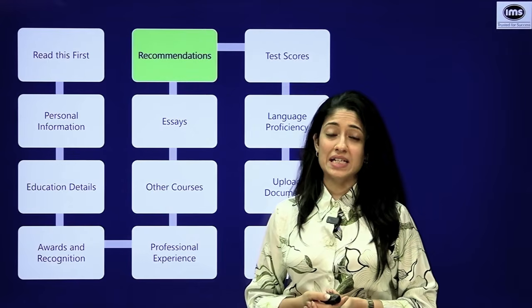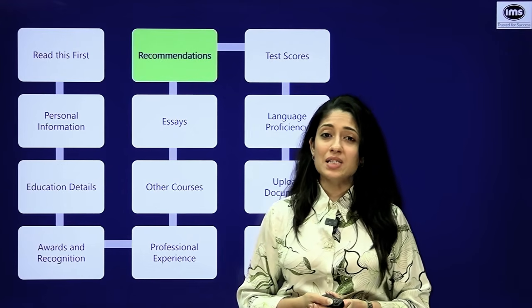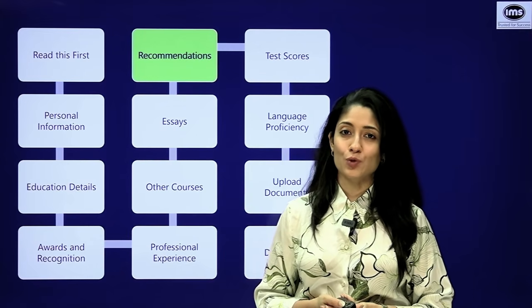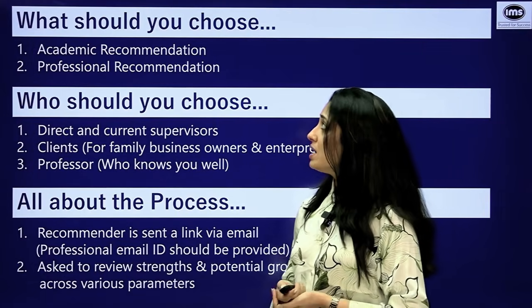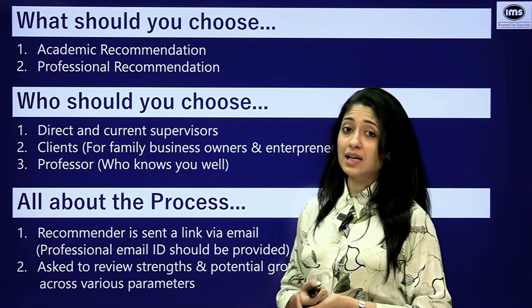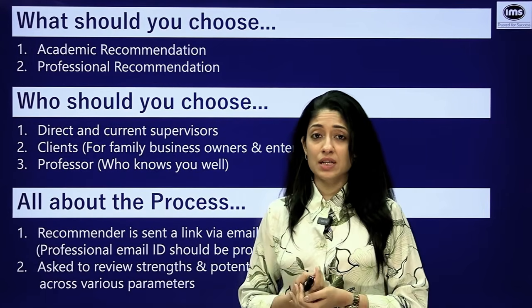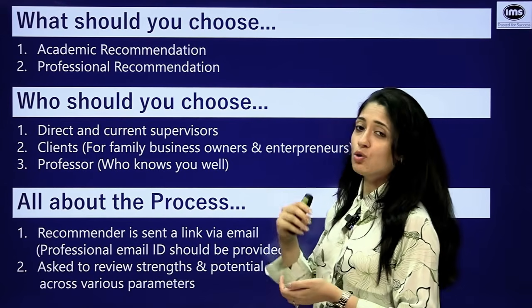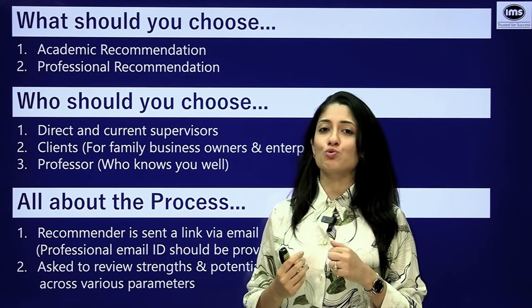Next section is recommendations. ISB allows one recommendation to be given as a part of your application form. So it is very important what kind of recommendation you choose and who should be recommending you. ISB gives you an option to select either of these two recommendations.